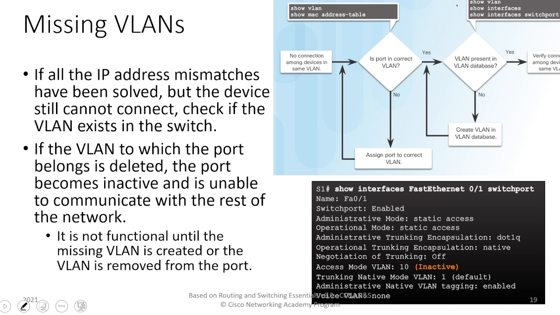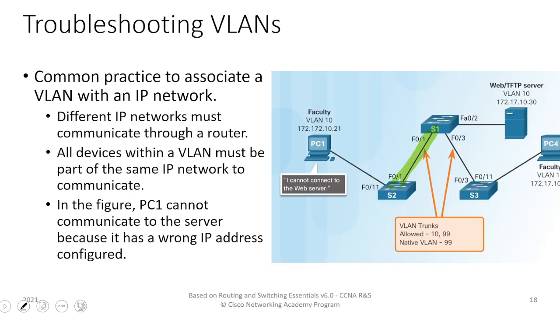Then one of the other troubles that we may come across is when we think of a network like this, where we have a number of switches. Say we think about communicating between PC1 and PC4.